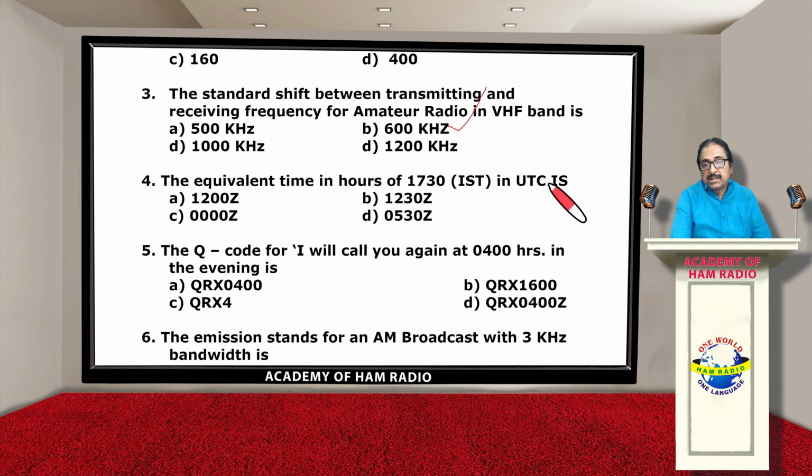So, without wasting time, I am going straight into the discussion of model paper number 2, radio regulations. Section B, radio regulations, consists of a total of 25 bits. Each bit carries 2 marks, 25 into 2, 50 marks.